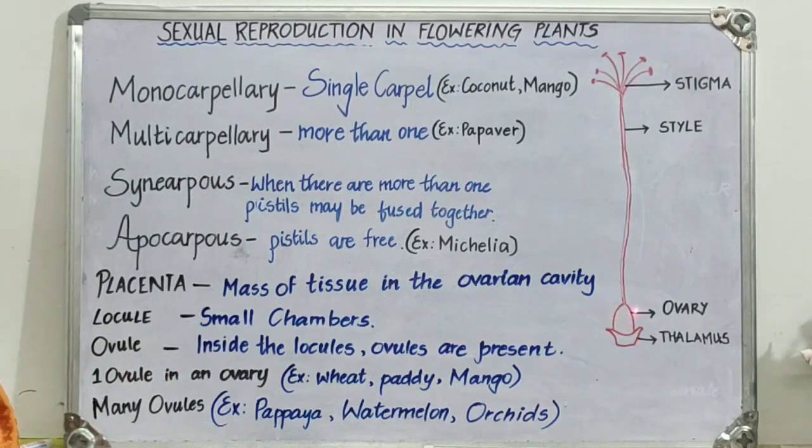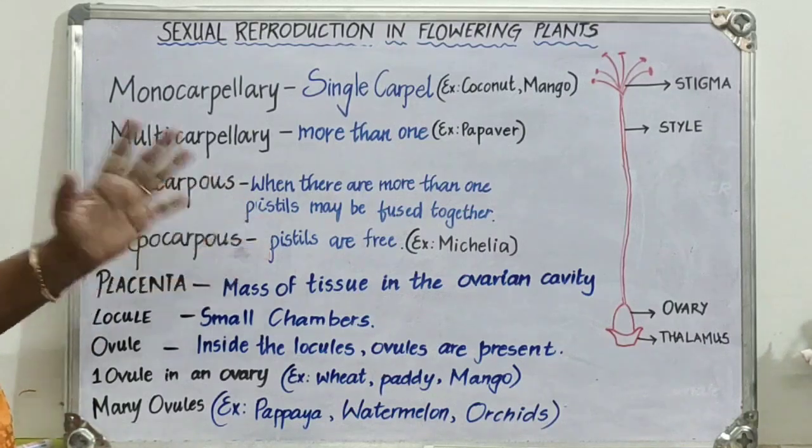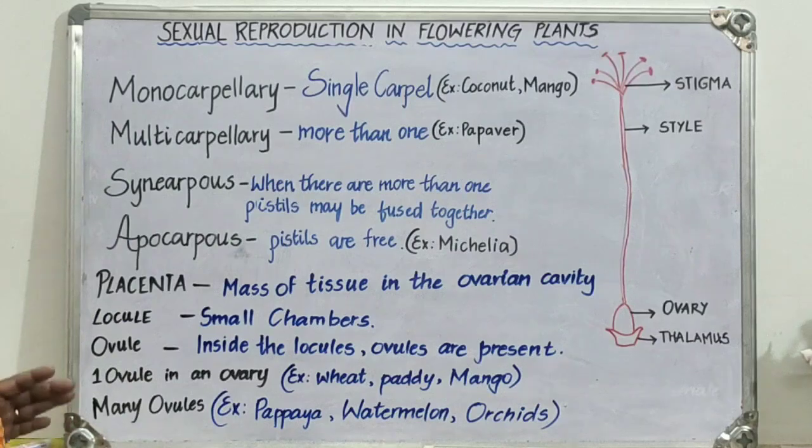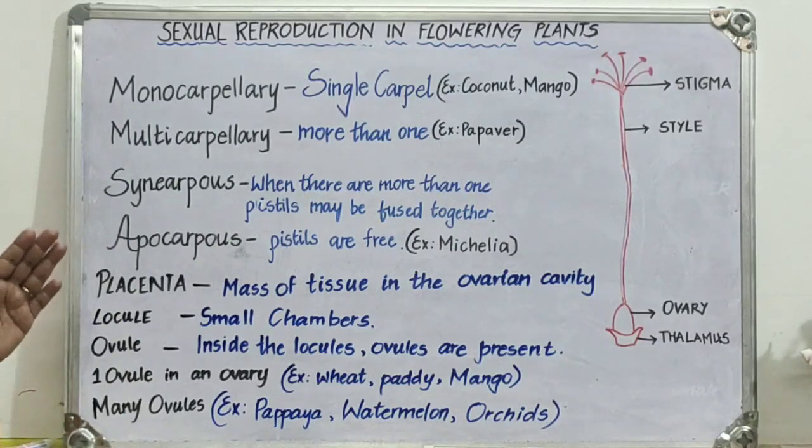After the fertilization, that means pollination is over, in the case of angiosperms we will see double fertilization. In that double fertilization, after the fertilization, the zygote is formed, and that zygote will become the embryo. The embryo develops inside the ovule only.